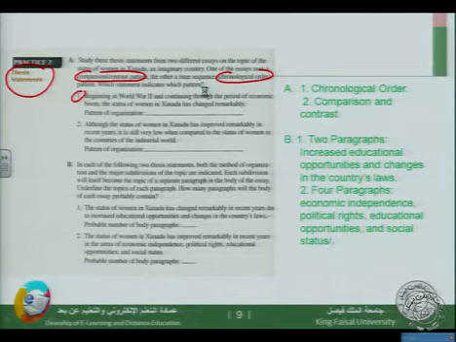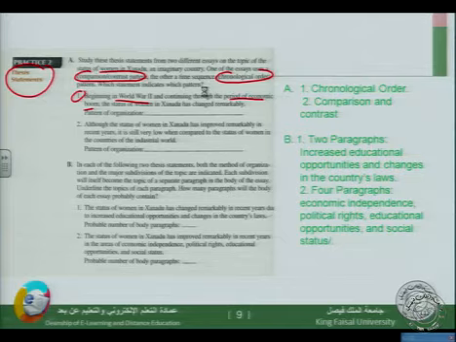Okay, what is the pattern of organization? It's a chronological order. How come I know? أول إشي بداية في الحرب العالمية الثانية وثم through the economic boom. So we have different periods.